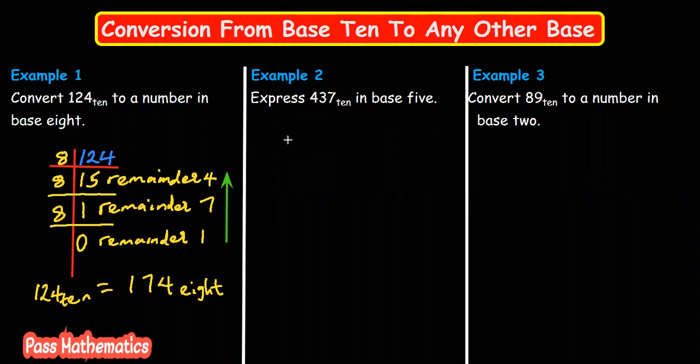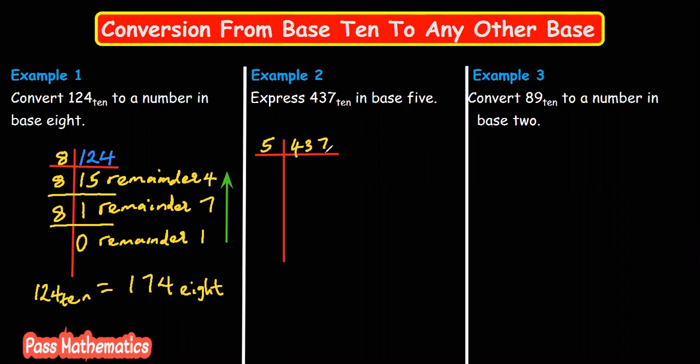So let's draw our line again and put it in a column. So we have 437. We are going to convert this to base 5.